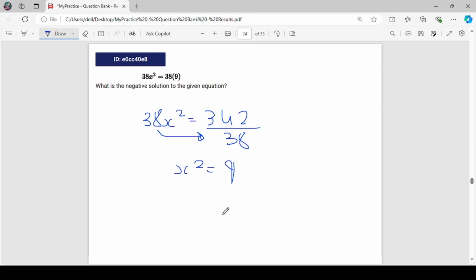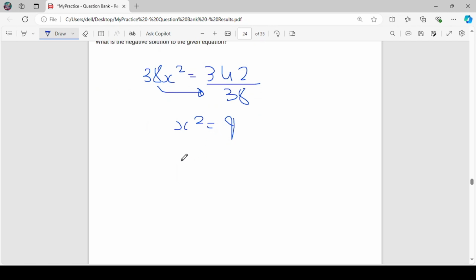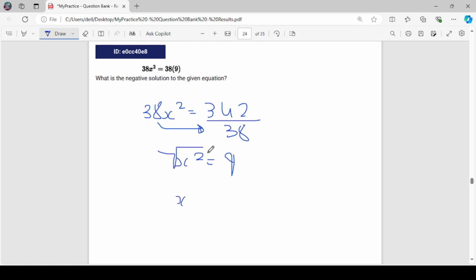Now we take the square root on both sides to cancel the square. The square root of 9 is 3. They asked for the negative solution, so we won't write positive 3, we will write negative 3. This is our answer.